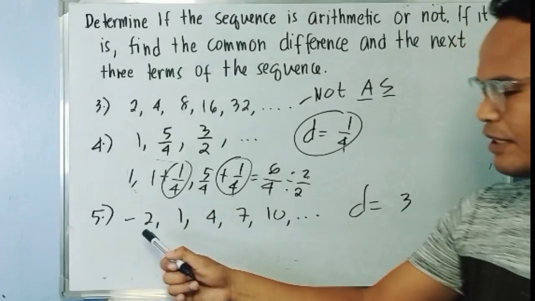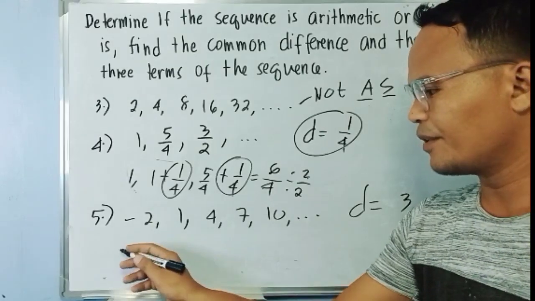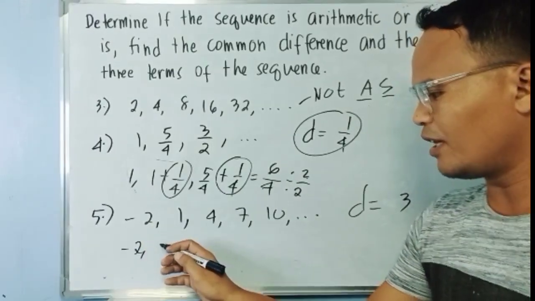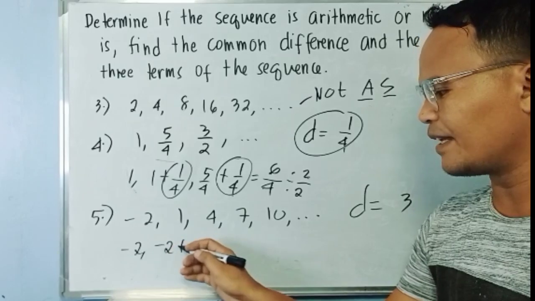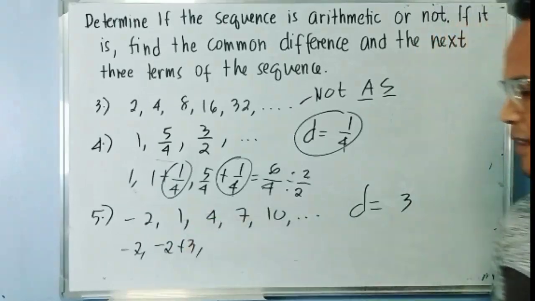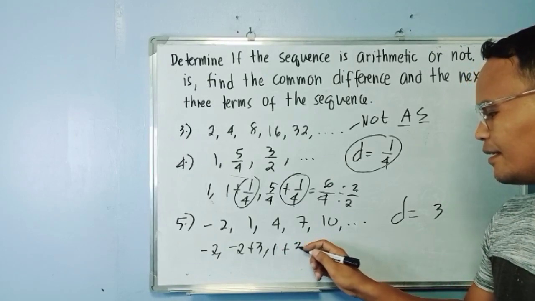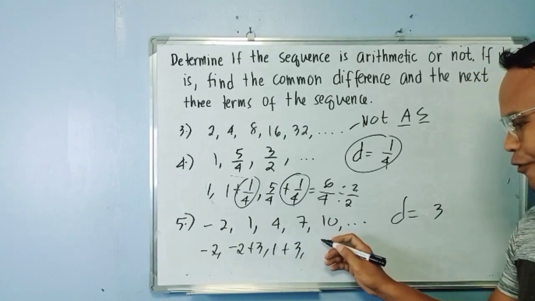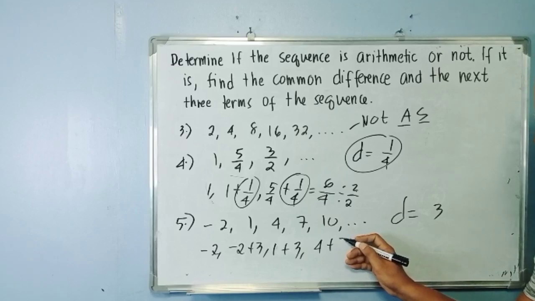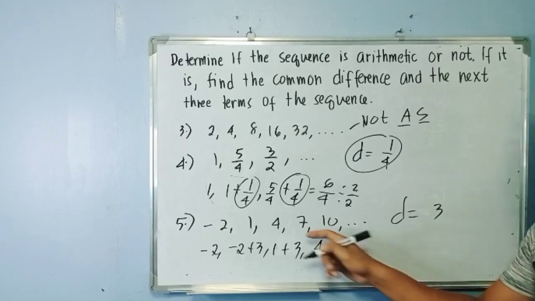So the first term is negative 2. If we add negative 2 by 3 to obtain the second term, that's 1. And 1 added by 3, the result is 4. And 4 added by 3, the result is 7.